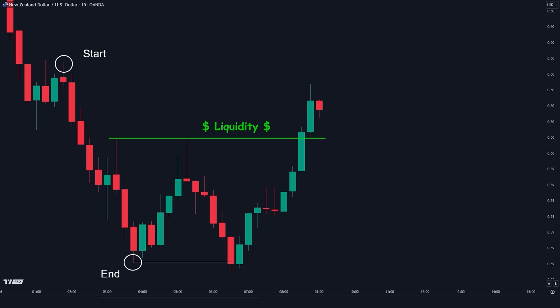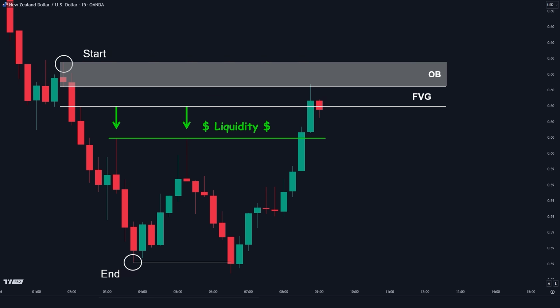Here, we have equal highs, making it a significant liquidity level. Notice the long wicks, indicating that substantial short trades have been executed in this zone, with stops likely set just above it. If we look to the left-hand side, we also find an imbalance and another order block just above this liquidity zone. This provides a promising trading opportunity for smart money traders.